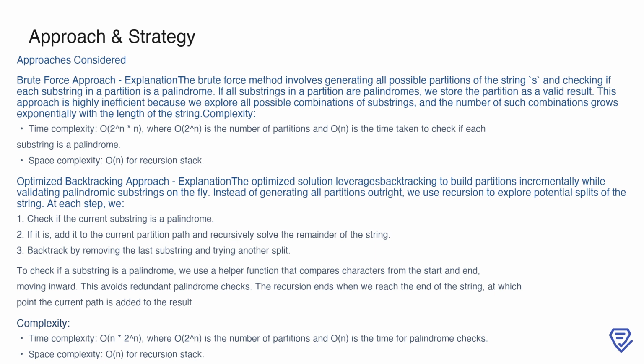Once the recursion finishes, we backtrack by removing the last substring and trying other splits. This approach avoids generating unnecessary partitions and incorporates a helper function to efficiently check palindromes. The time complexity improves to O(n * 2^n), because we avoid redundant checks, and the space complexity remains O(n) for the recursion stack.